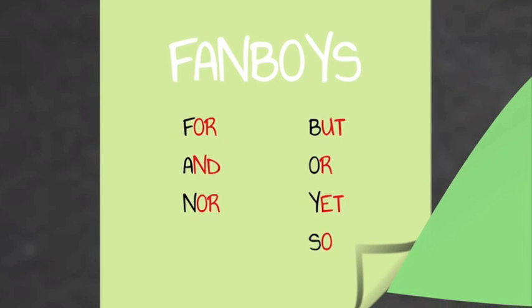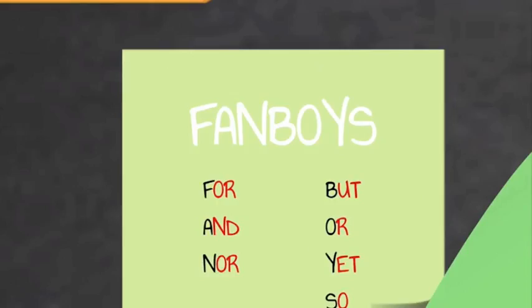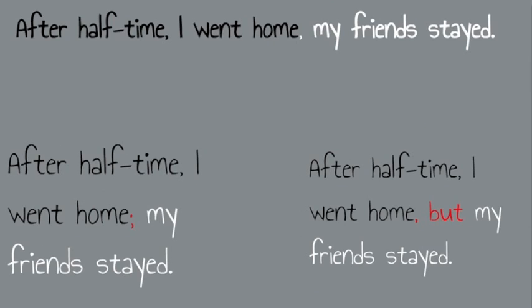Fanboys is an acronym for the conjunctions that can put two sentences together. Fanboys: for, and, nor, but, or, yet, and so. Go back to the previous sentence and see the fanboy I chose. But this, combined with the comma, allows the two sentences to smoothly merge.